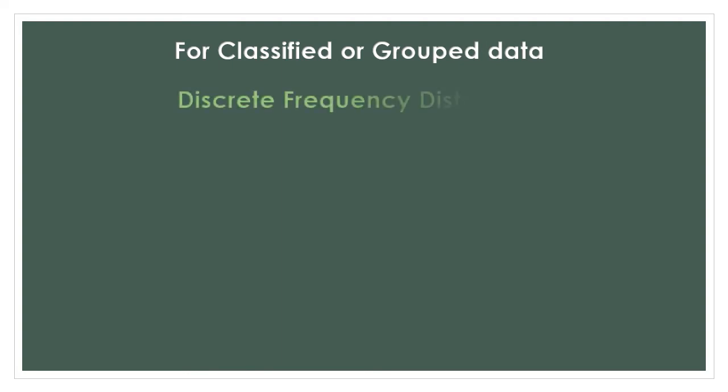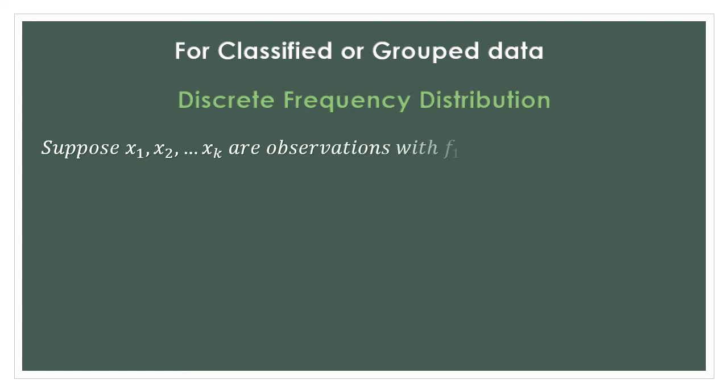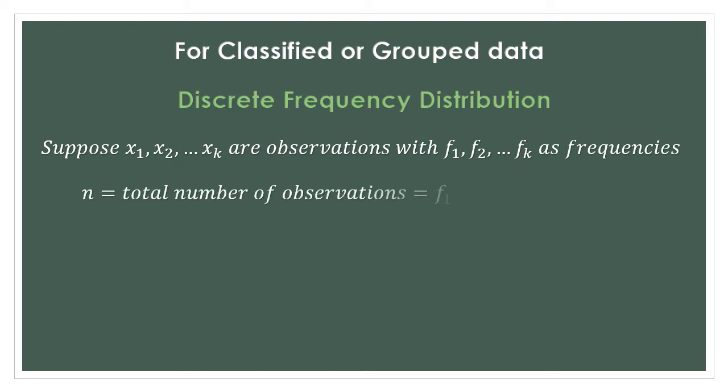The next formula is for classified or grouped data. Now, of course, there are two types. The first one is the discrete frequency distribution. A discrete frequency distribution has the observations and the frequencies with respect to the observations. So, n is the total number of observations, that is total number of frequencies, that is sum of frequencies, sum of fi.